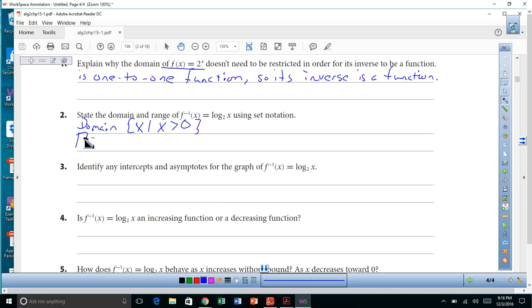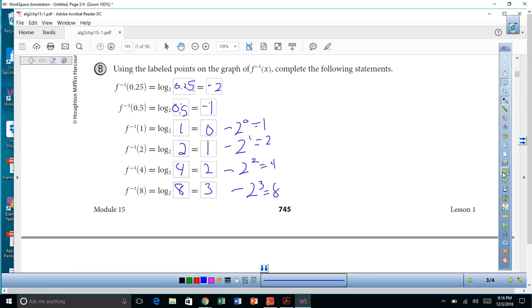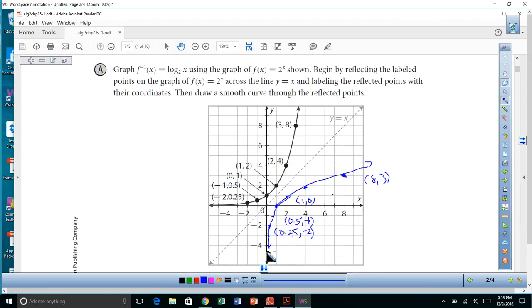What about the range? Again, let's go back and look at it. The range is the y value. See how that arrow goes down? It goes way down here, and it gets closer and closer to 0 on x, but it doesn't ever touch. It goes down to negative infinity on the y. And up here, it has a little bit of an angle, so it gets way out here.